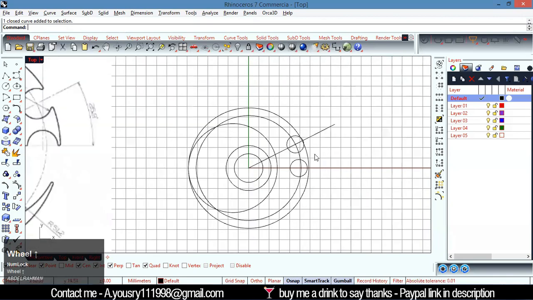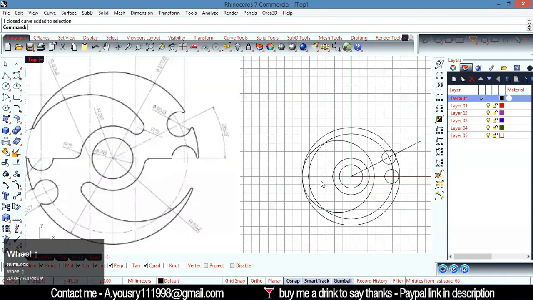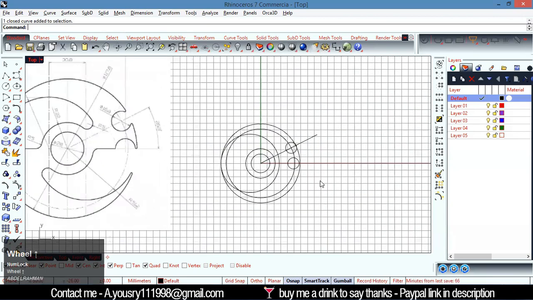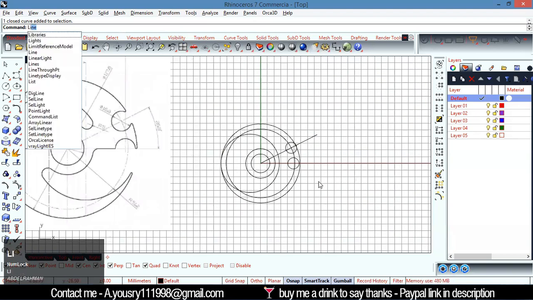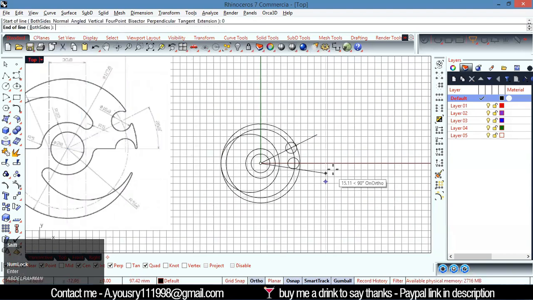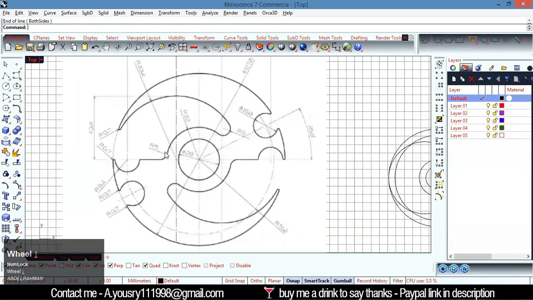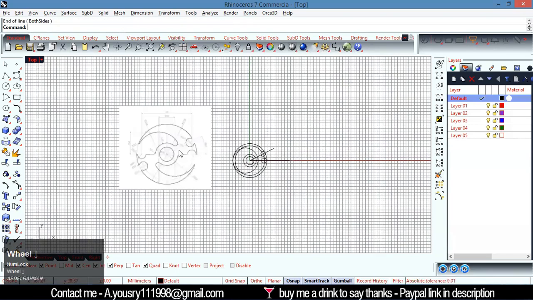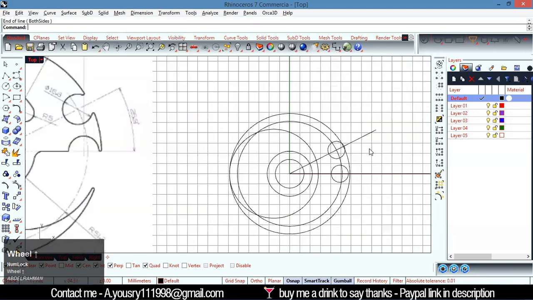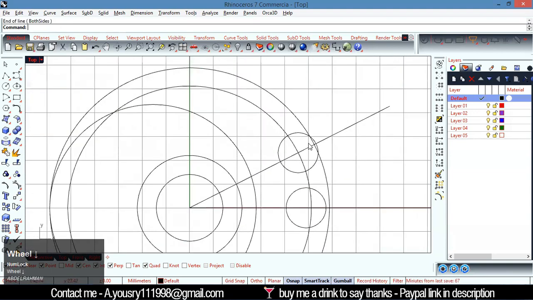Okay, let's trim all of these. Need to trim all of these together. So line, enter 0, going to be like that. Okay, let's trim all of these.